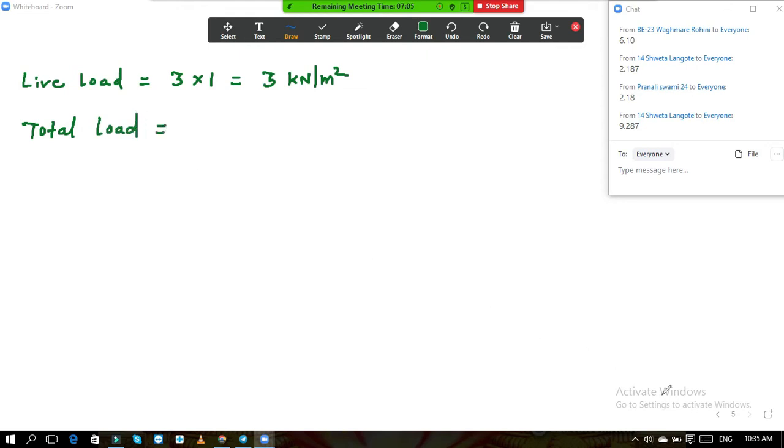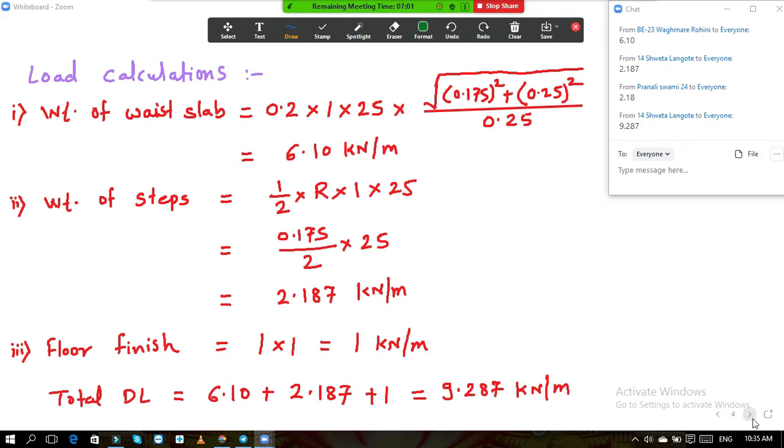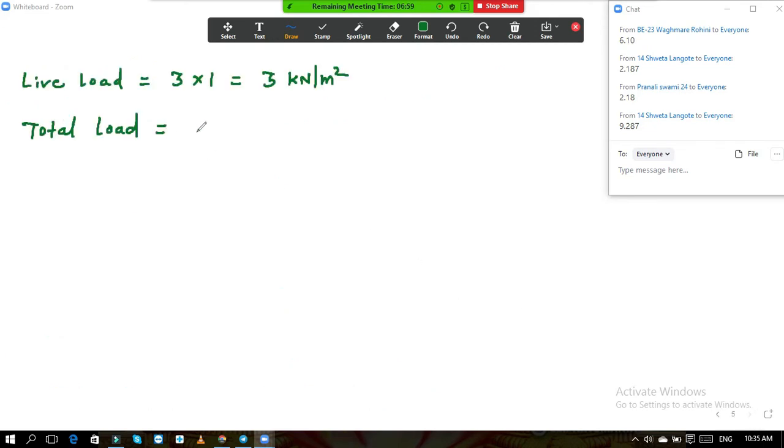Total load is equal to the previous dead load 9.287 plus 3, so it is 12.287 kilonewton per meter. This is our total load.